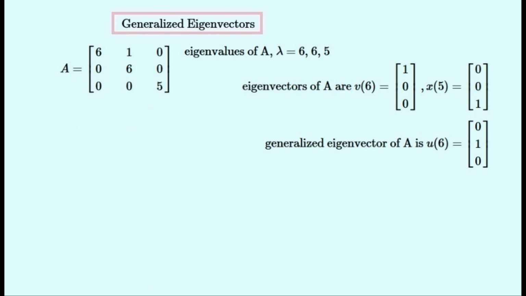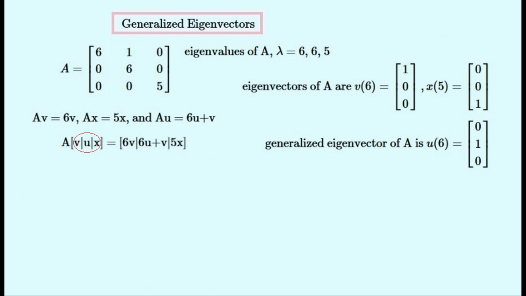As a final example, I'd like to look at a Jordan canonical matrix to see the effect of multiplying it by its eigenvectors and generalized eigenvectors. And here are all of its eigenvalues, eigenvectors, and its generalized eigenvector. So here are the equations showing that multiplication by A is the same as multiplying it by its eigenvalue, and showing the special equation for its generalized eigenvector.